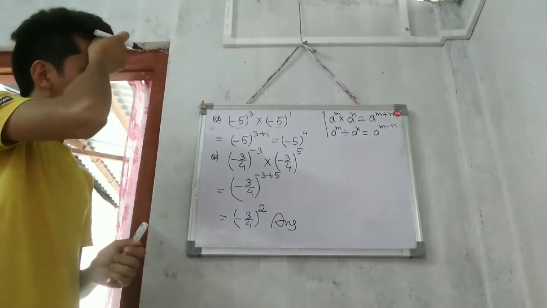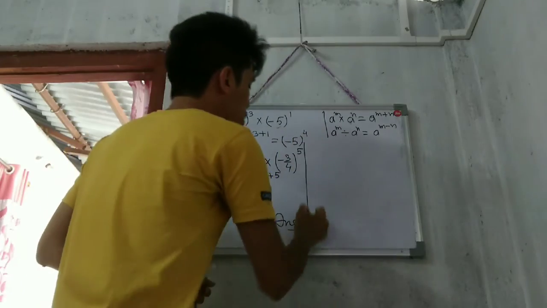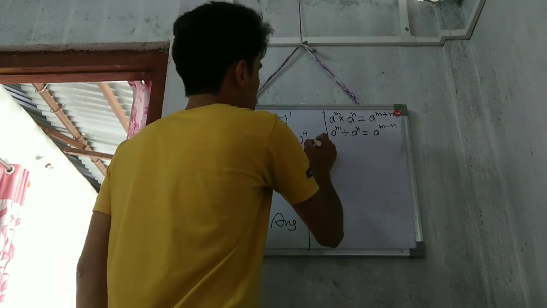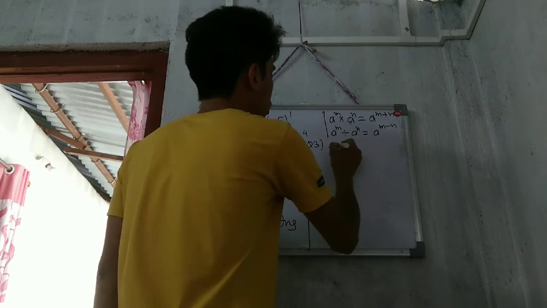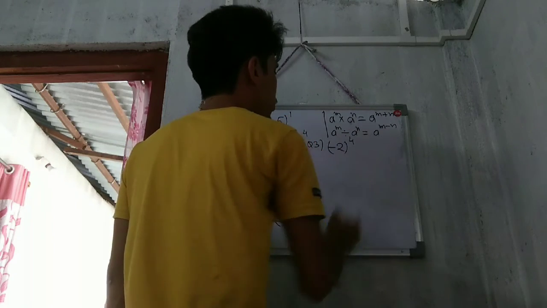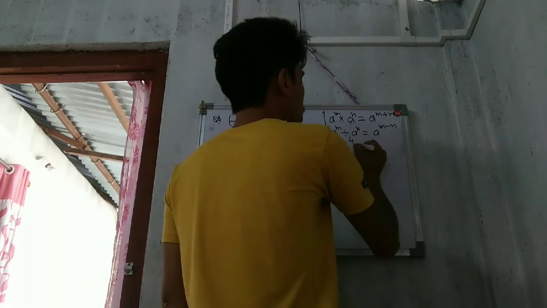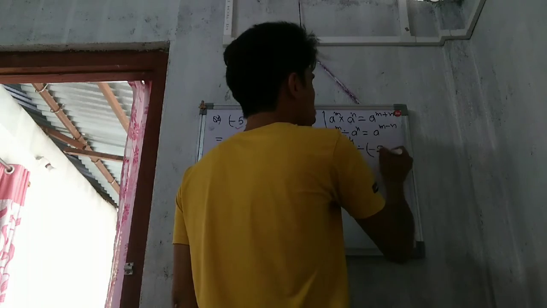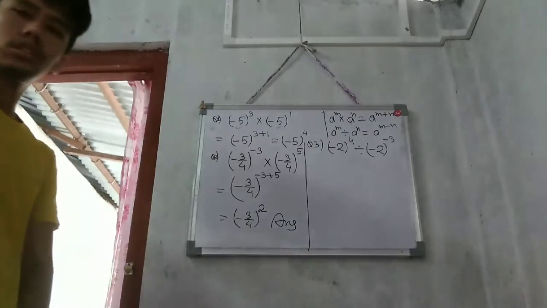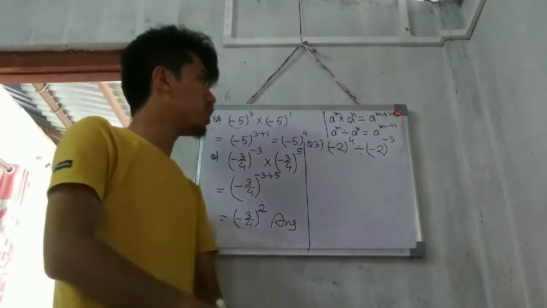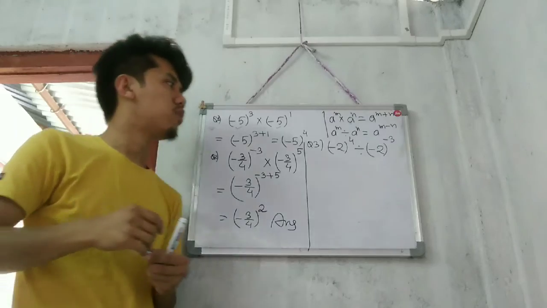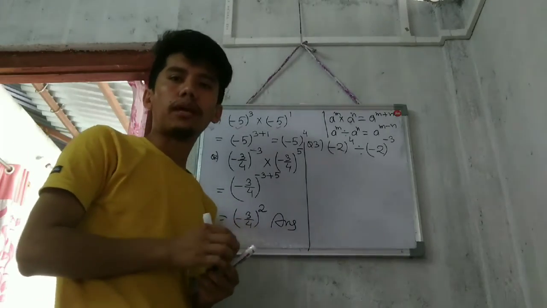Now let's come to the second formula. The question is minus 2 to the power 4 divided by minus 2 to the power minus 3.